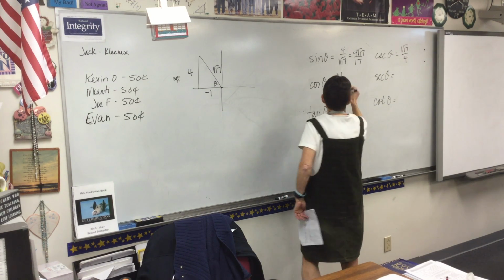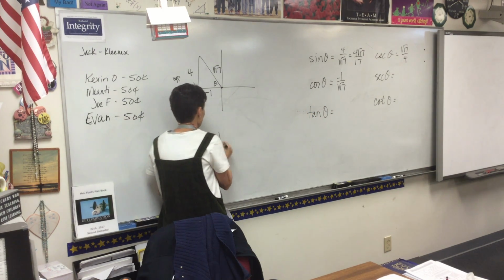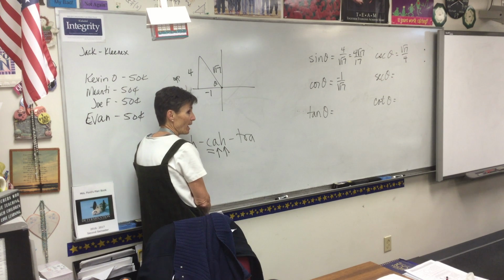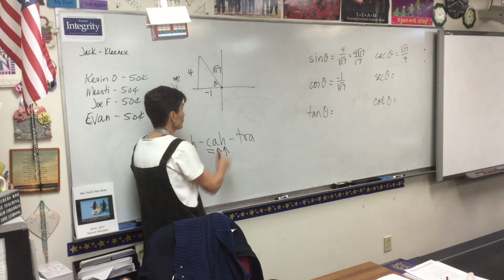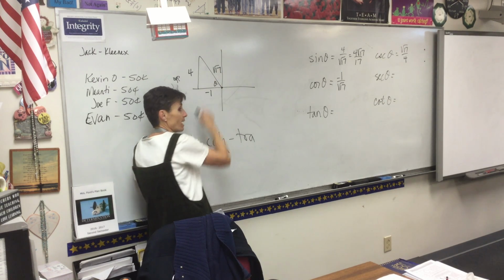Because remember, Megan, what needs to be going through your head is SOHCAHTOA. And I asked you about cosine. So you need adjacent over hypotenuse. And you need to be able to look at the triangle and say, that's the adjacent side, that's the hypotenuse.